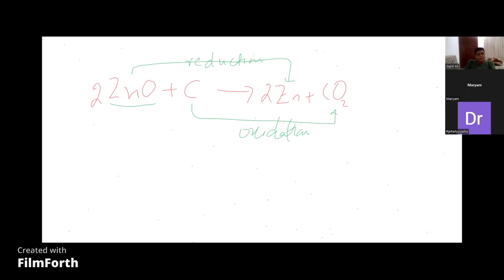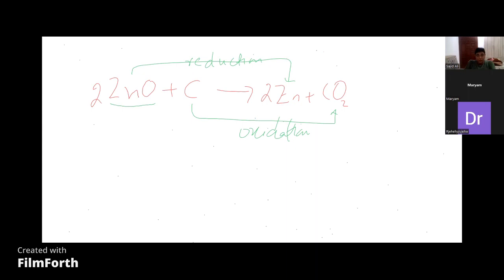Okay, let me explain it to you once again. Zinc oxide, ZnO, is a compound of oxygen. It is losing oxygen to form zinc, so zinc oxide has been reduced, whereas carbon has been oxidized by the gain of oxygen.